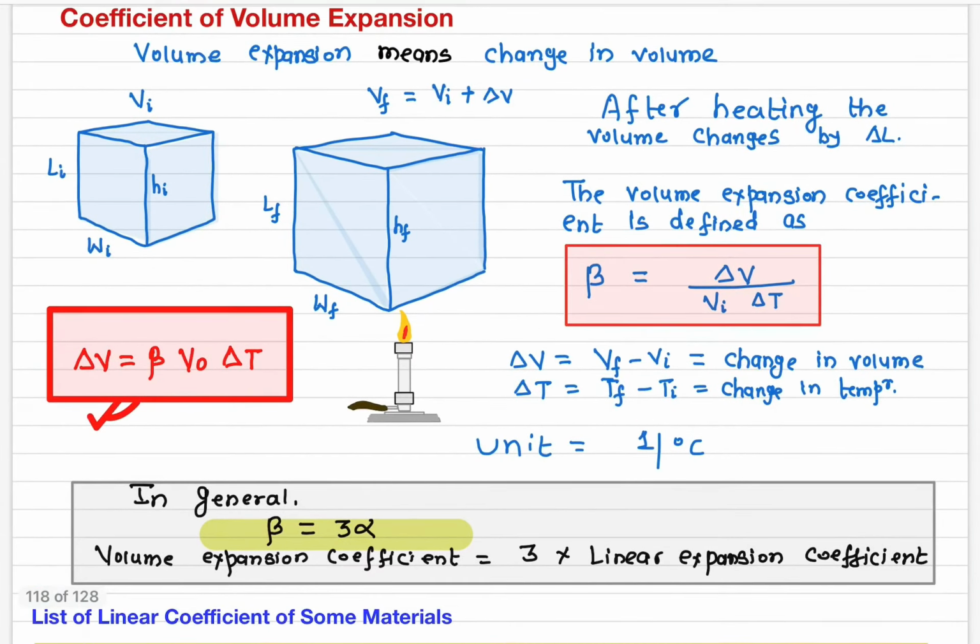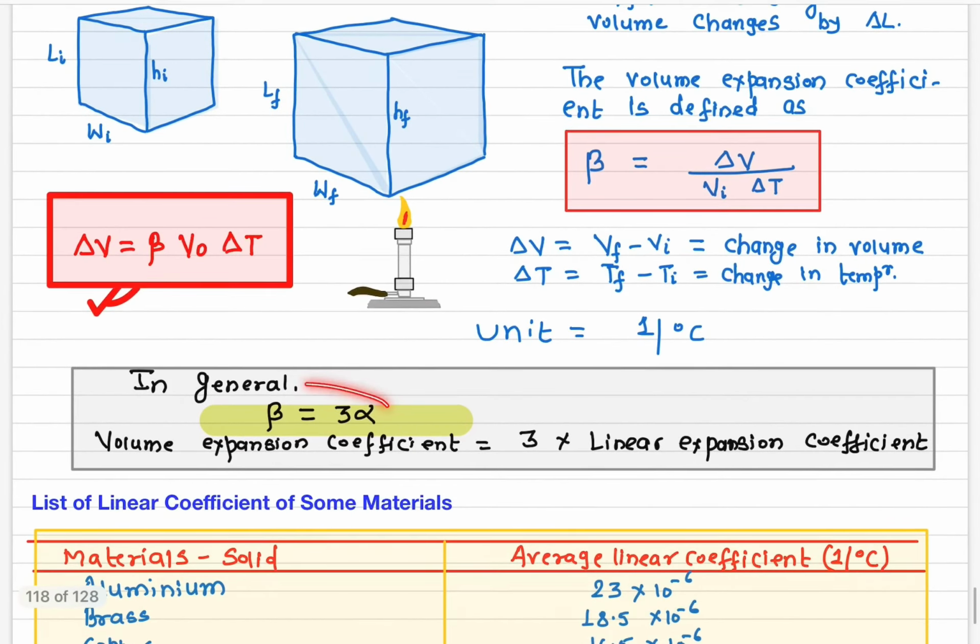When you increase the temperature, the length expands, the width expands, the height expands. So if you know the linear expansion coefficient of a certain material, you can simply multiply by 3 to get the volume expansion coefficient. I derived this in another video, and I will post the link in the description section below.